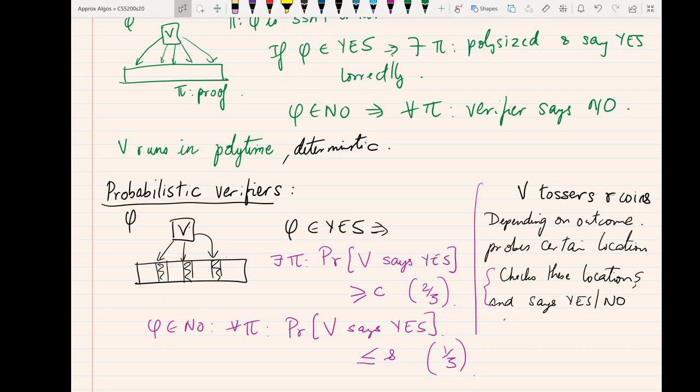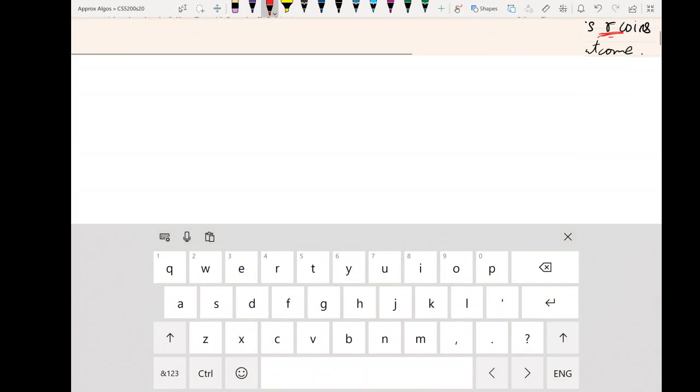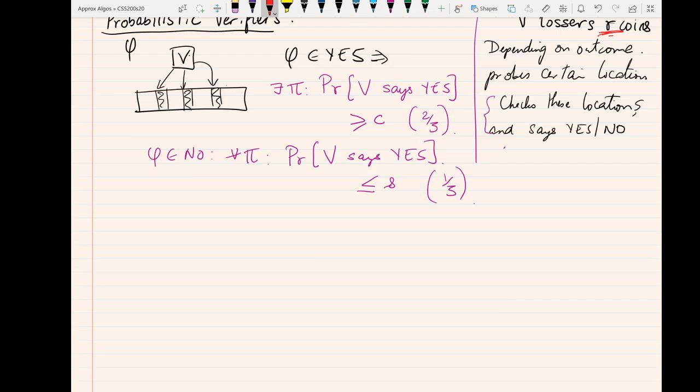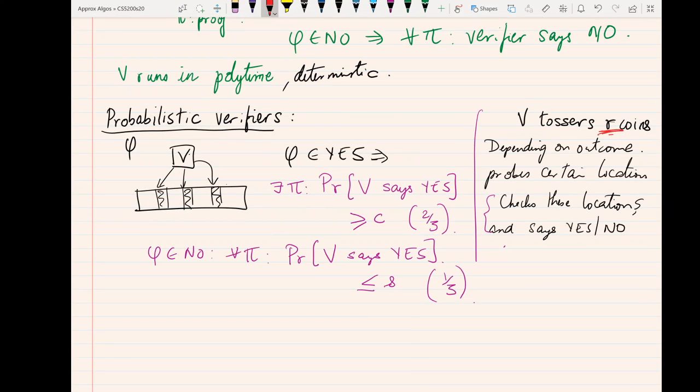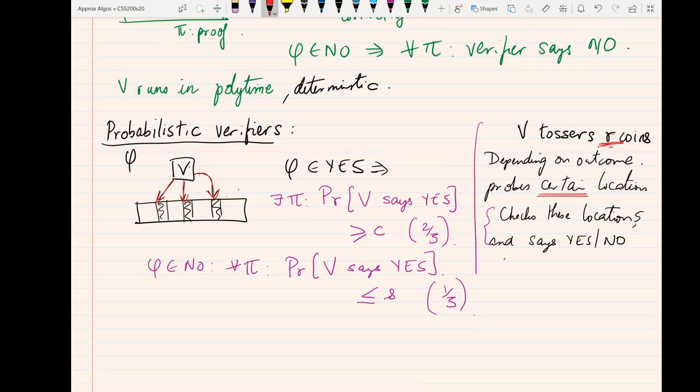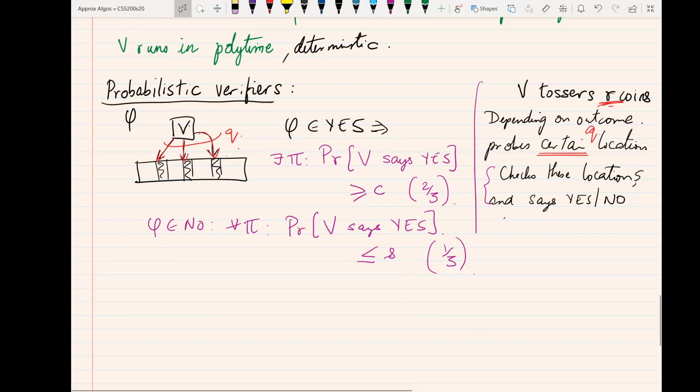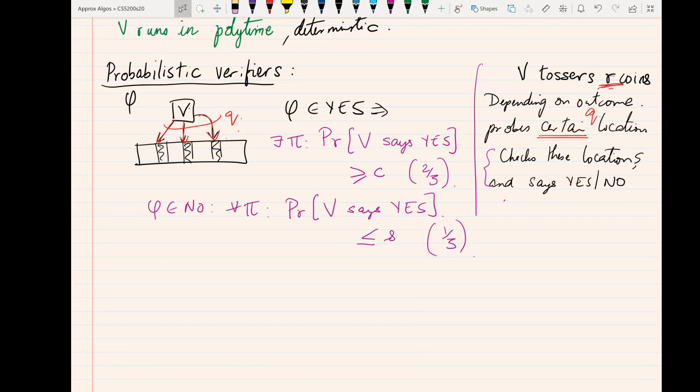Now if you look at this, there are certain parameters that such verifiers are bounded by. The first one is the number of coins tossed at this point. The second one is the number of locations that the verifier queries. For instance, if the verifier could have queried all the locations in the proof, it would have gone back to the previous definition of NP. So the verifier queries Q locations in the proof. And of course, there are the completeness and soundness probabilities.